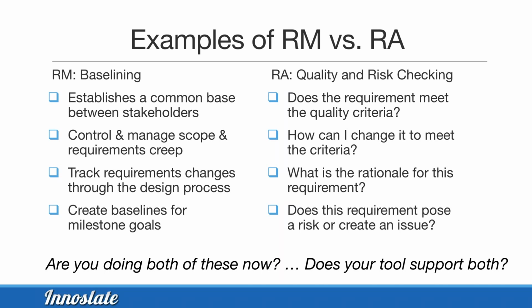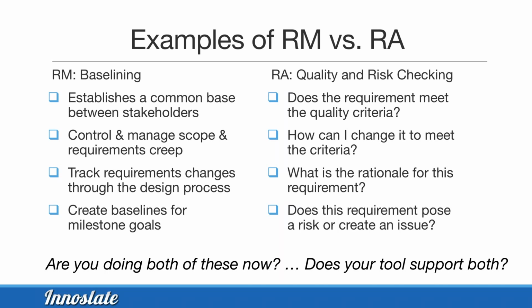If I don't have that traceability, I wouldn't have a chance to resolve that in a positive way. I'd just have to tell them, hey, yeah, I've got to spend the money. And of course, creating baselines for milestone goals. So each milestone, particularly if you do the DoD 5000 process, you'll see that they're very structured milestones and where you're trying to get to for each of these baselines. In requirements analysis, we do more things like quality and risk checking. So again, does it meet the quality criteria that we expressed?